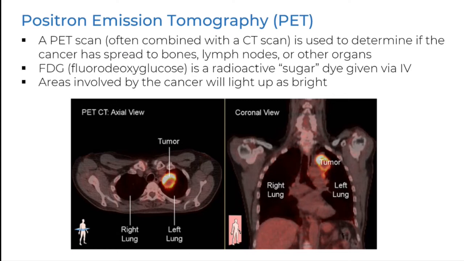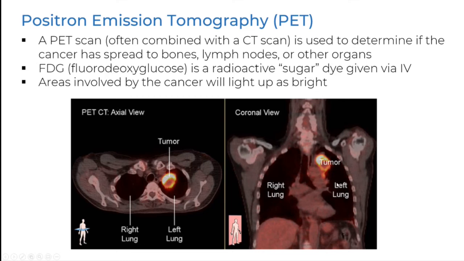It's given through the IV, and the whole premise of the scan is that cancer cells will take up glucose much more readily than normal tissue does. So when the glucose dye localizes to cancer, it will appear bright on a PET scan. As you can see here, the tumor is much brighter than the surrounding tissue.